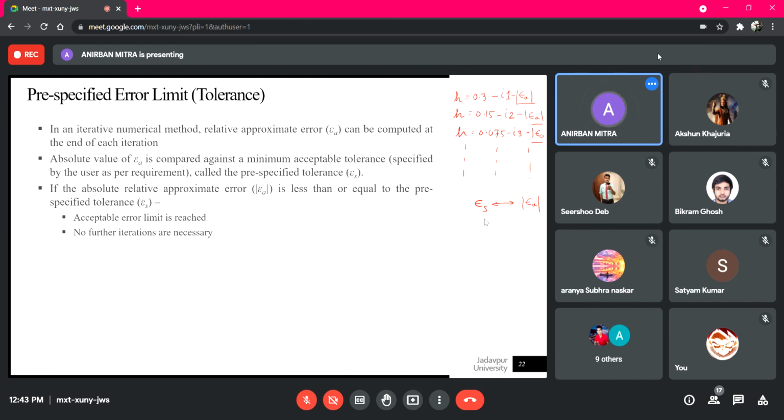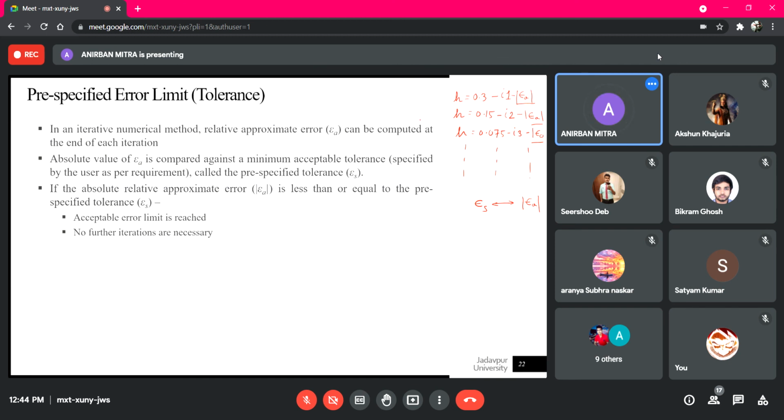As soon as the relative approximate error falls below or becomes equal to that limit, we say that the acceptable error limit is obtained and no further iterations are necessary. So this acts as a termination criterion. That is how you terminate the iterative numerical method.